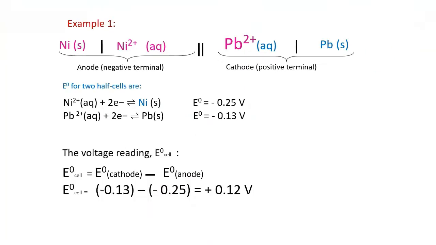Let's say we are using nickel as an electrode and pair it with lead. We look at the E naught value for both electrodes. The E naught value of nickel is negative 0.25, so it is more negative.